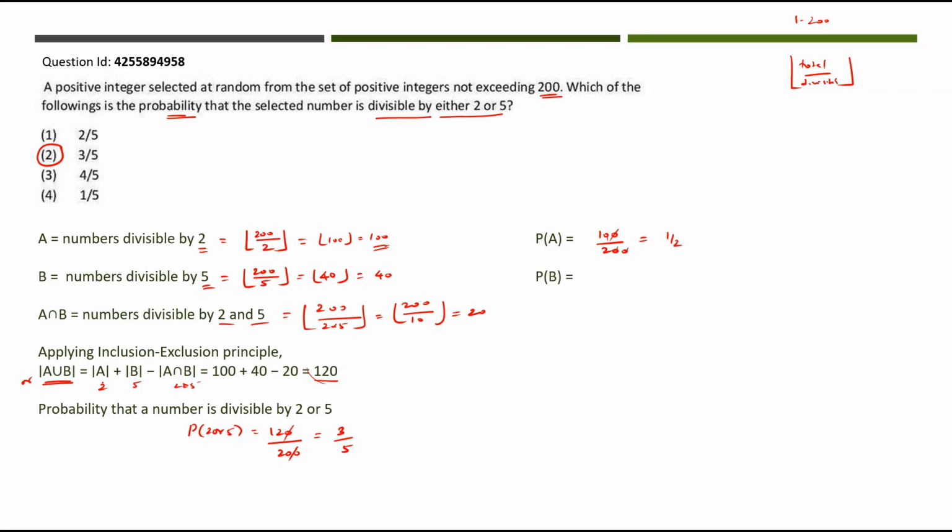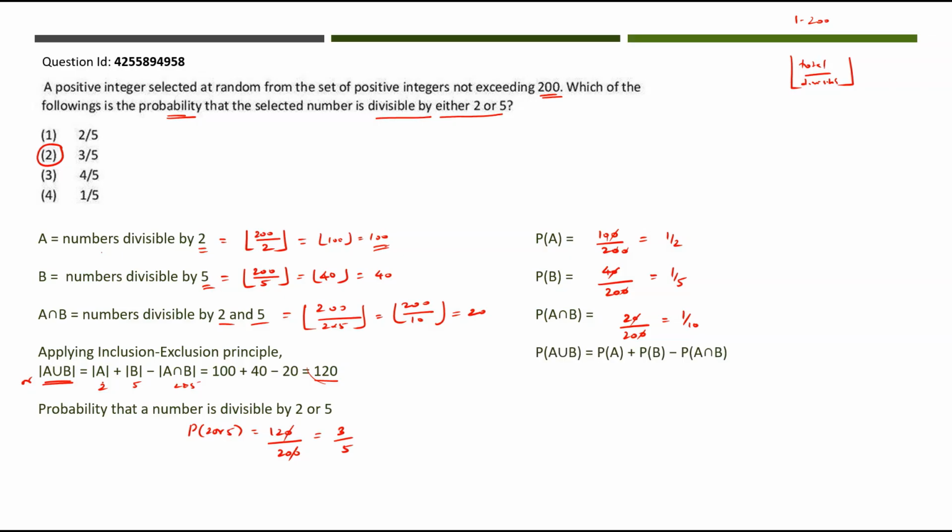What about probability of B? 40 divided by 200. That is, for every value you are going to find probability and then apply it in the formula. This will give a value of 1 divided by 5. What about probability of A intersection B? This will be 20 divided by 200 and you will have 1 by 10 altogether.